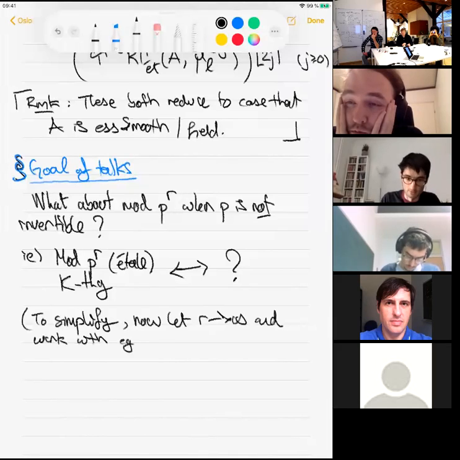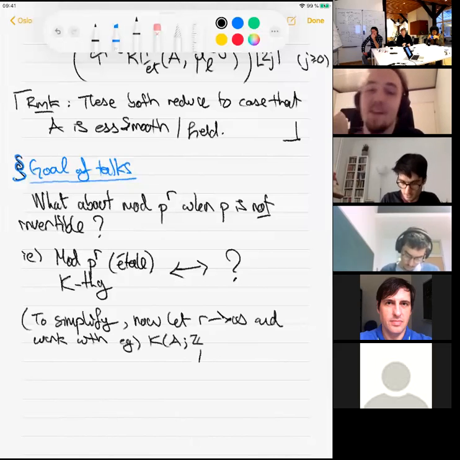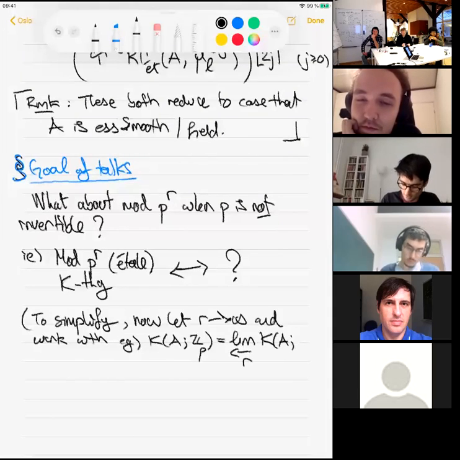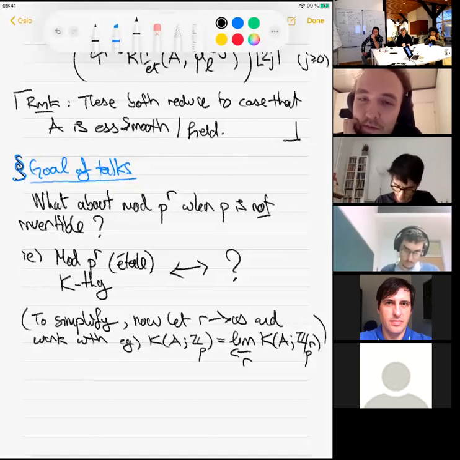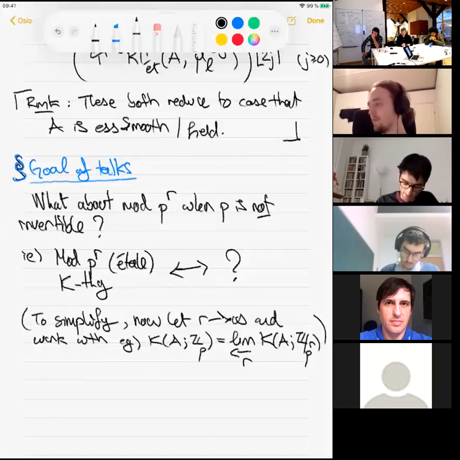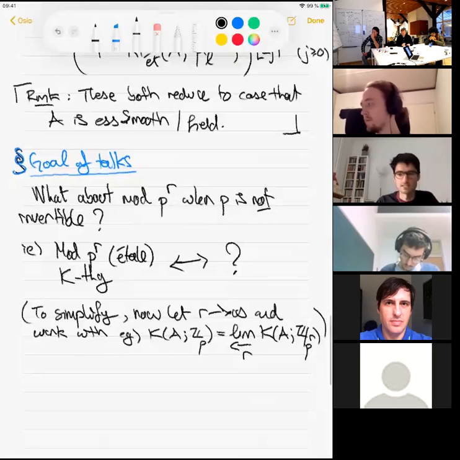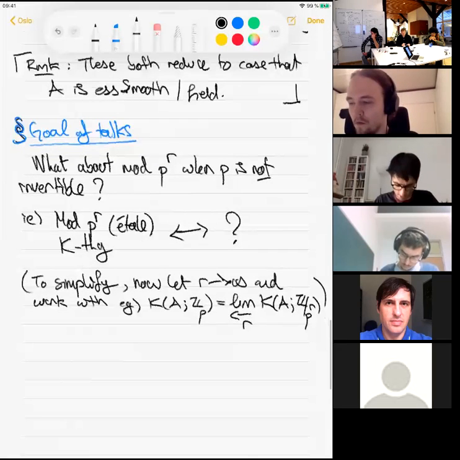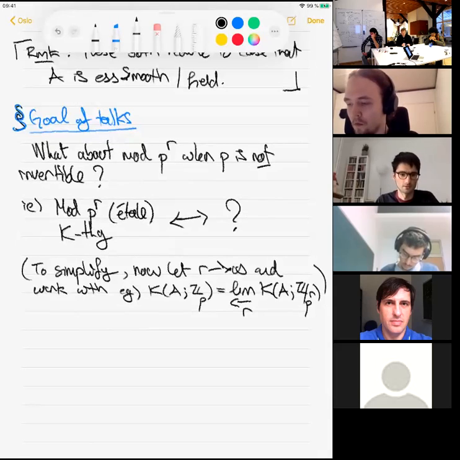For example, we'll look at p-adic K theory, by which I mean the limit over R of the mod P to the R theories. In other words, I take the p-adic completion of the K theory spectrum. But as I say, it's really just to simplify notation, and you can always take the results and go mod P to the R if you prefer to work with finite coefficients for whatever reason.